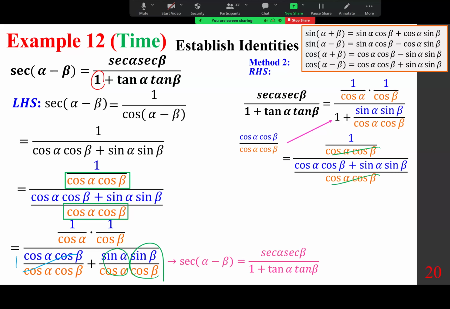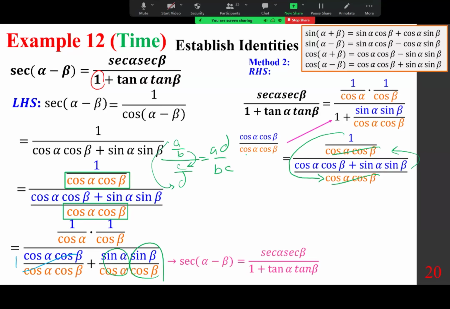You can cross them because the product of these two go to the top, the product of these two go to the bottom. Remember that? So I want to quickly show you here an A over B divided by C over D. You put A over D at top, the extremes, and then BC, the means, at the bottom. That's exactly what happens. So that's why they get canceled out.